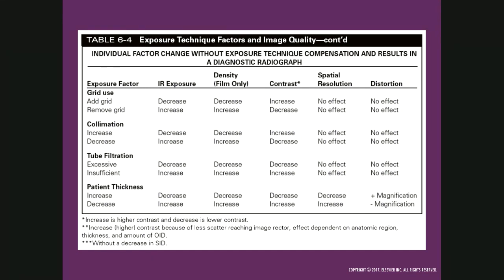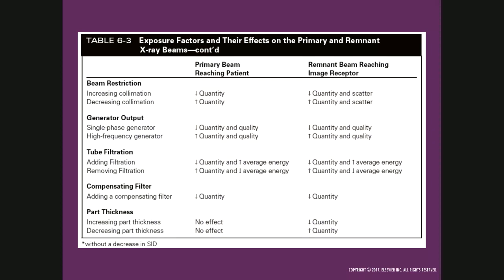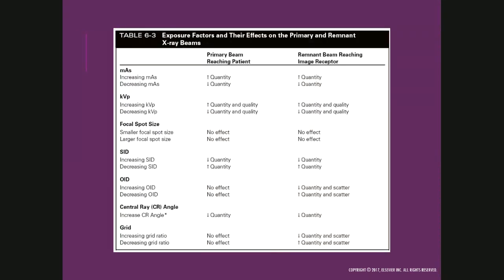Hold on. Bear with us. That's 6.4, but I only have part of it. What the heck? Okay, PowerPoint is messed up. I know you're all shocked and amazed that I made a mistake.